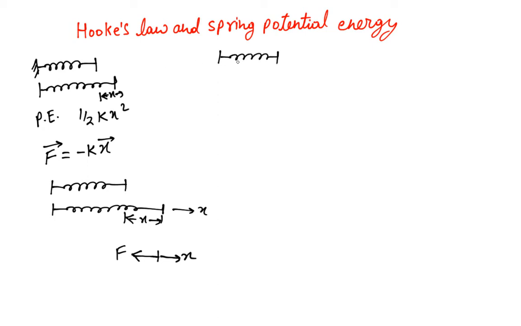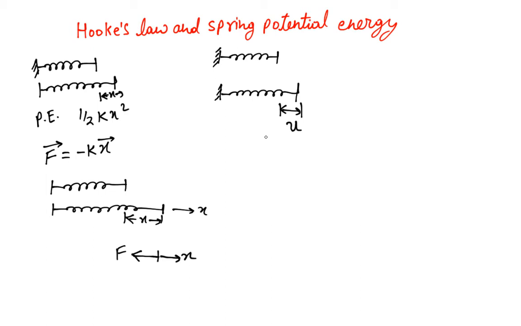Okay, so let's say we start in the unstretched position, and we are somewhere in a place where we have stretched the spring by, let's say, u, by a length u.